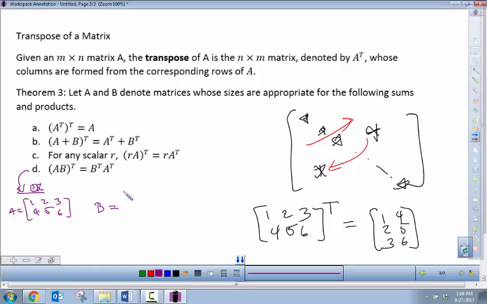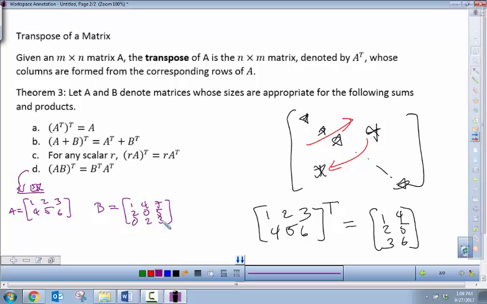It needs to have 3 rows. So let's do 3 rows. And I'm going to switch it up. I'll make it a 3 by 3. 1, 4, 7, 2, 0, 5, and 0, 2, 3.